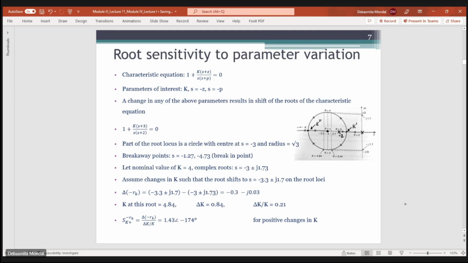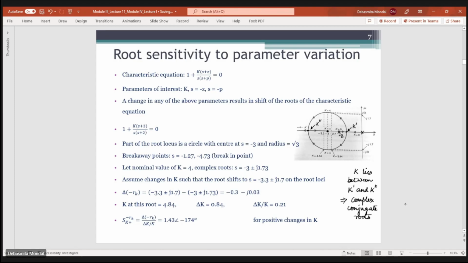If k lies between k dash and k double dash, the closed loop poles of the system will be complex roots, because they are not on the real axis. So the roots are complex conjugate roots of the characteristic equation.